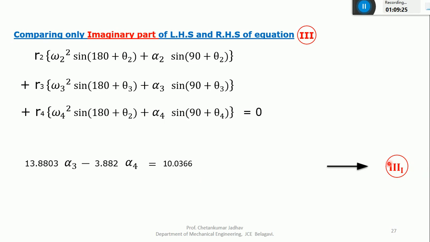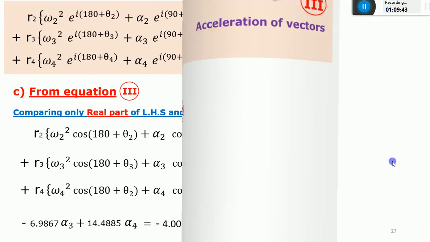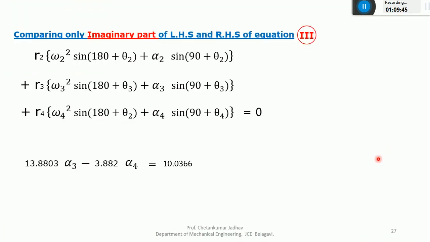Now since you got this equation by comparing the imaginary part of equation 3, I'll give the naming as third equation imaginary part. Okay. Now you got 3R, equation 3 with real part, and you got 3I. Okay, so just simplify these two equations. There are two equations and two unknowns, alpha 3 and alpha 4.